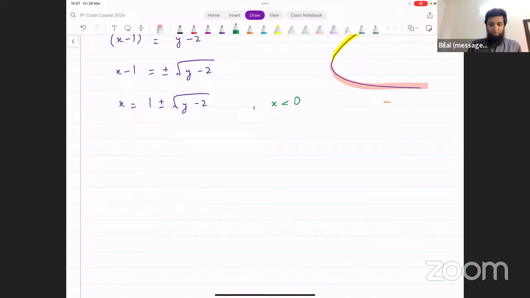Now think about it. You have 1 plus minus something. If you add something to 1, if you have 1 plus something, would you get something less than 0 or greater than 0? You would only get something greater than 0. When you add something to 1, that's going to be always positive.